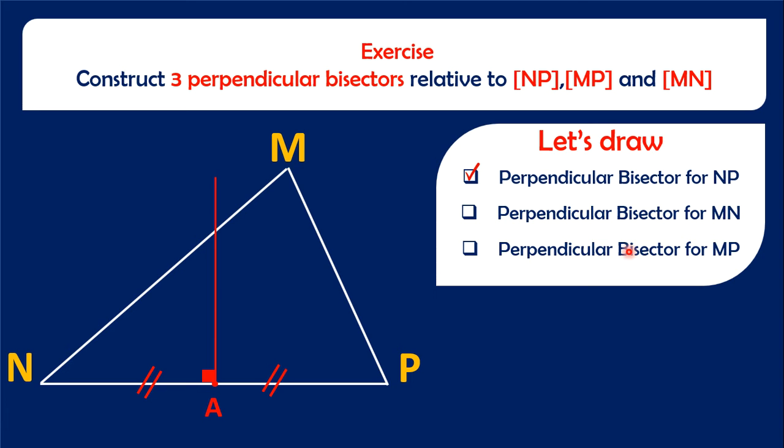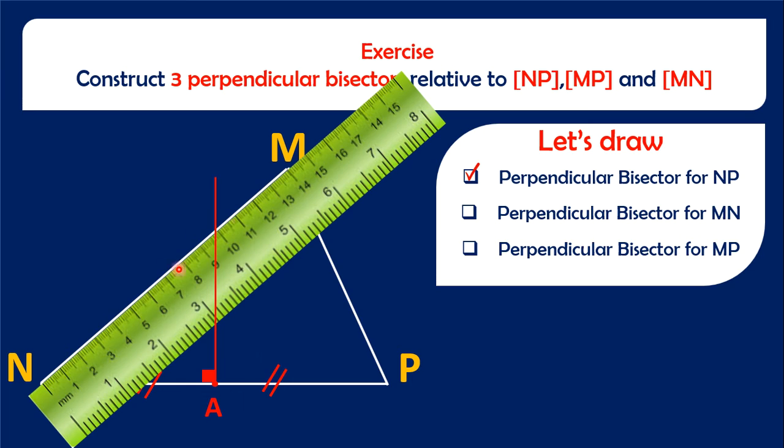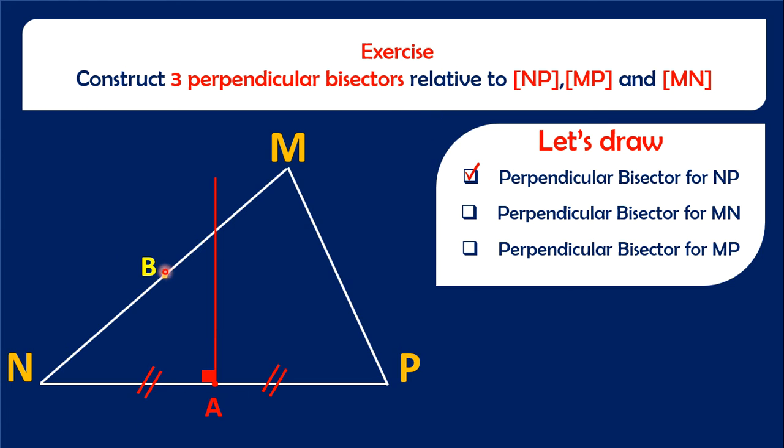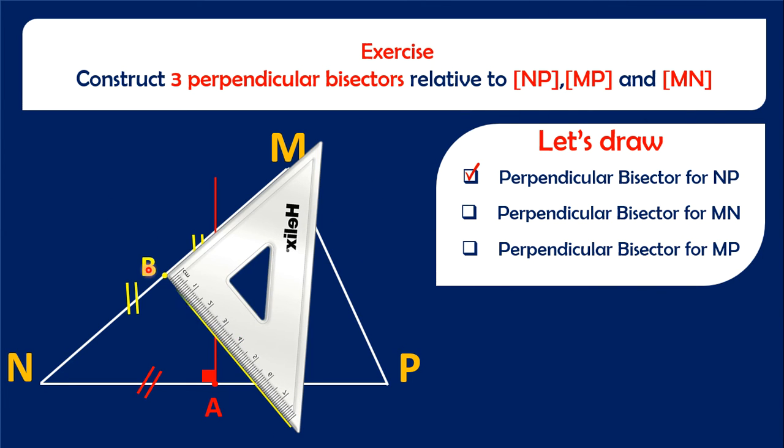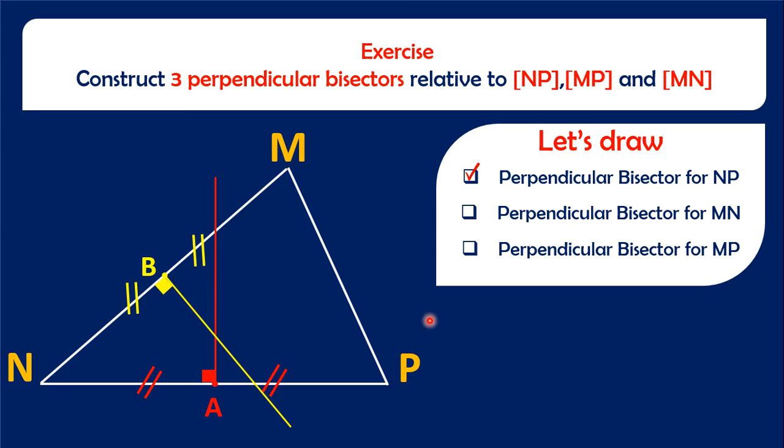Now for MN, again we bring the ruler, we put it on MN. MN is 14, half of 14 is 7, so we put our midpoint on 7. We don't forget the marks. Now we bring the set square and we draw a perpendicular line. Now this step is finished.